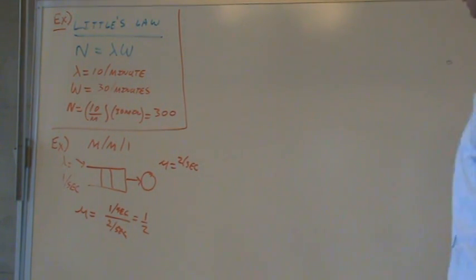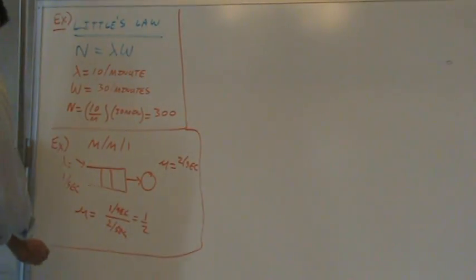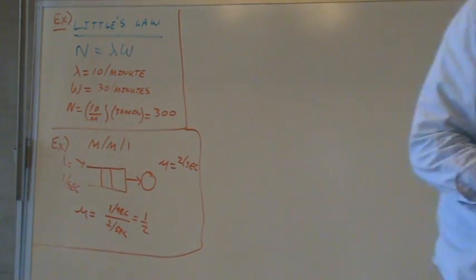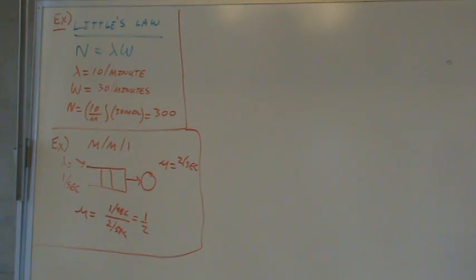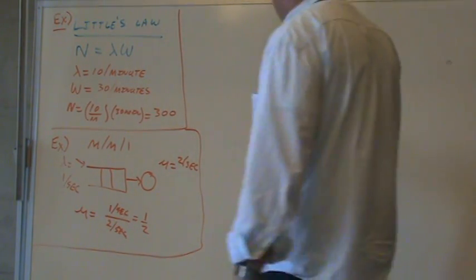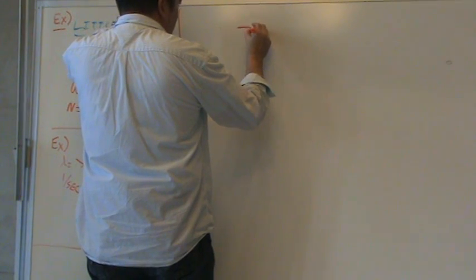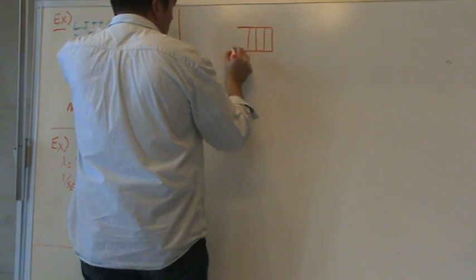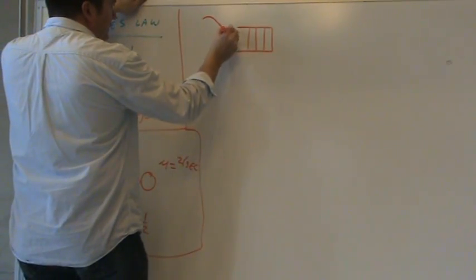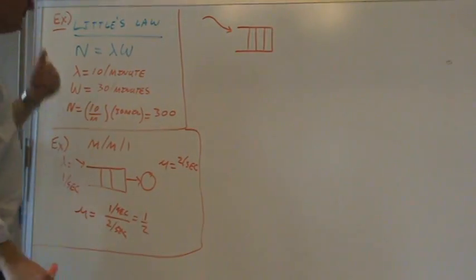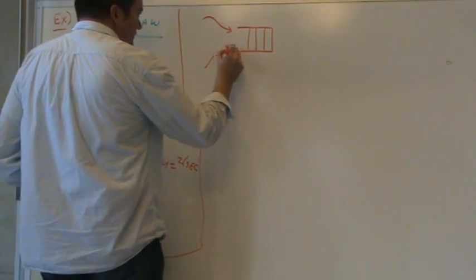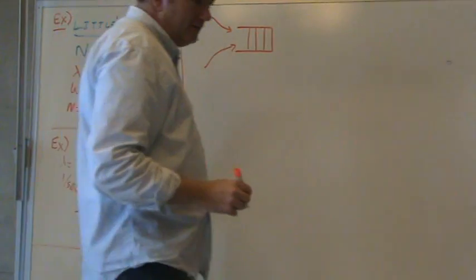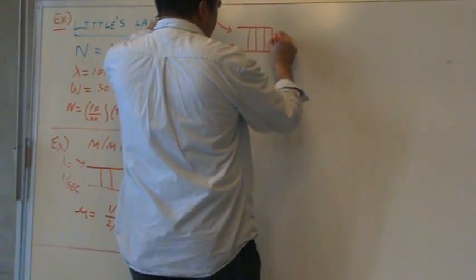Okay, let's say we had another queuing example where we had a situation like this. Suppose we had an infinite queue that had 2 sources of arrivals, and had 3 servers.